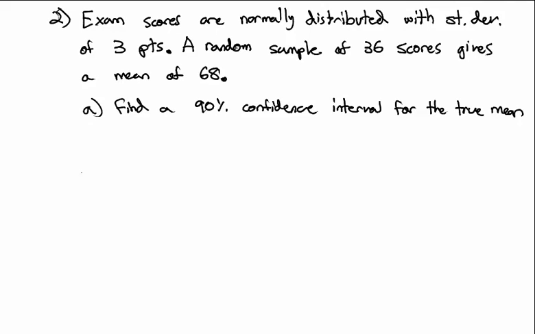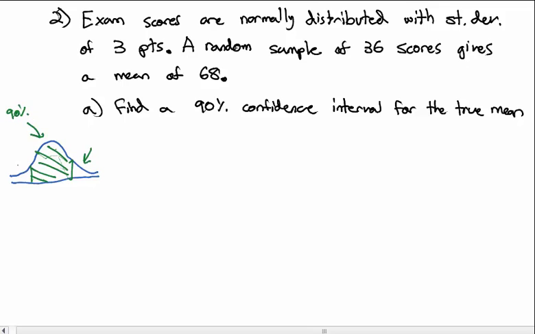Now, if we think about a normal curve, and we want to have 90% inside the middle, how much is going to be in each of these tails?